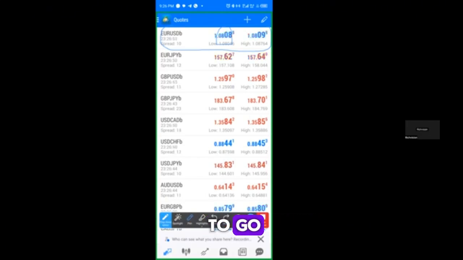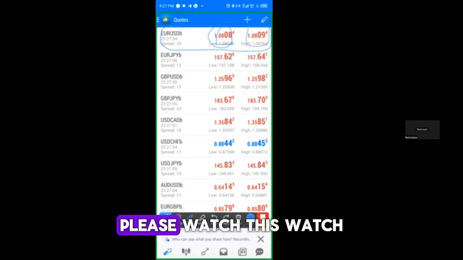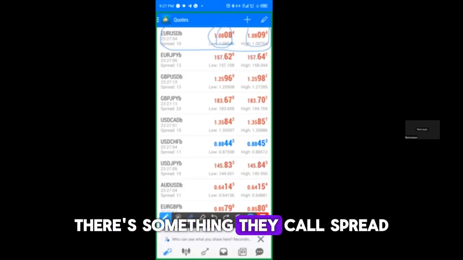As it continues to go, we have the bid price, we have the selling price. This is the bid price, whilst this is the asking price. Now, the difference, guys, please watch this. There's something they call spread.